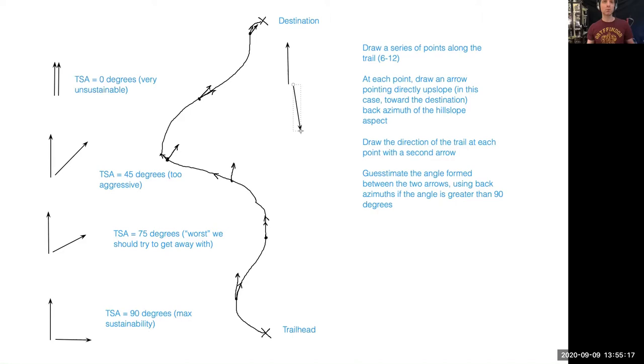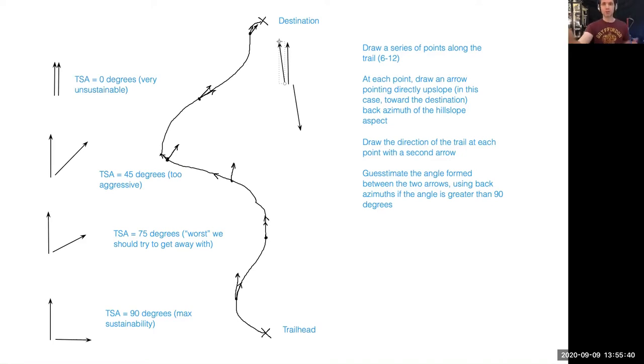The trail slope alignment angle for a 175 degree angle formed by these two is actually only 5, because remember, we take the back azimuth of the trail if the TSA formed by the original pair of angles is over 90 degrees. So the trail is running upslope and downslope.